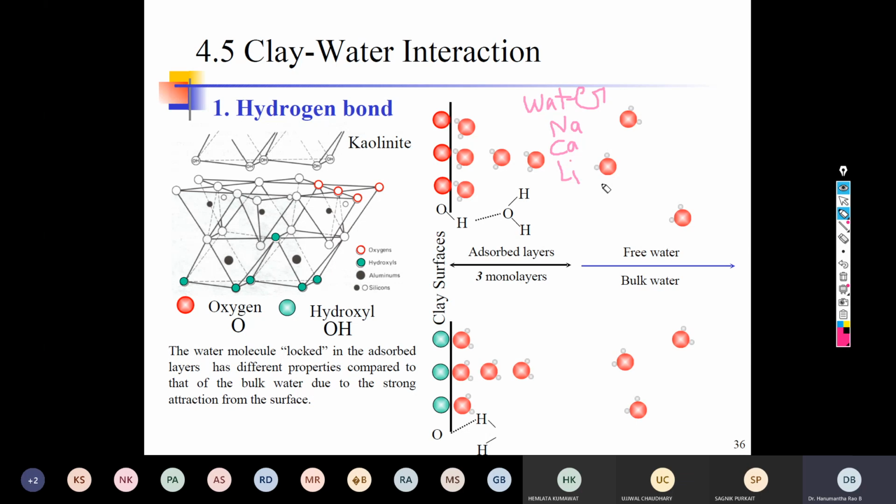Next, any other question? Let me ask you another question. How long does this adsorbed layer remain on a clay particle? Is it permanent or temporary? How long does the diffusive double layer exist on a clay particle?